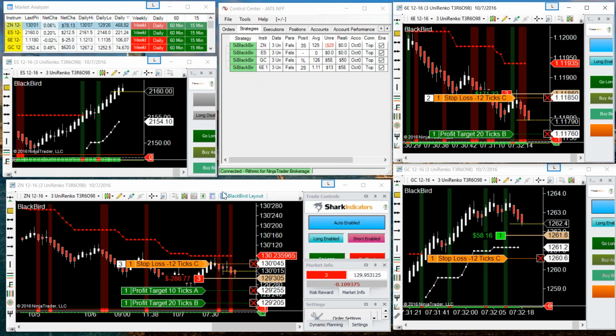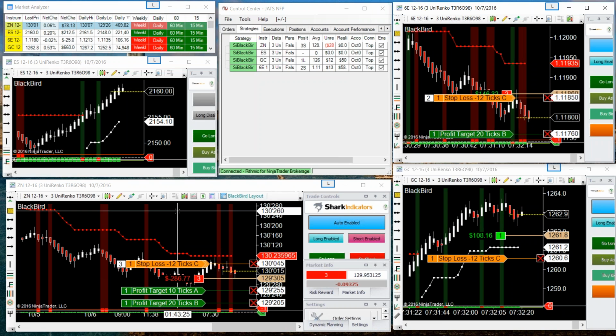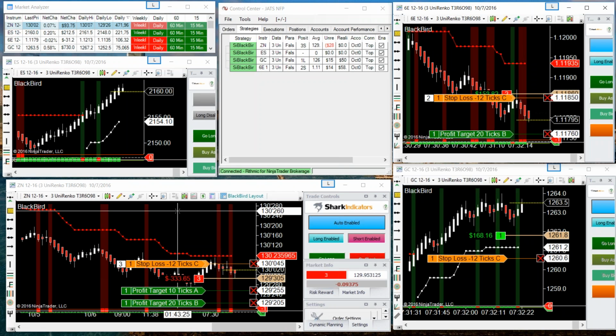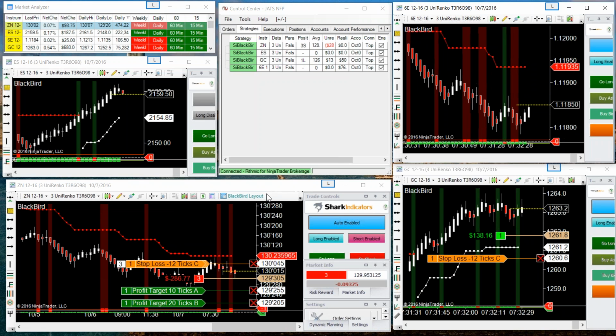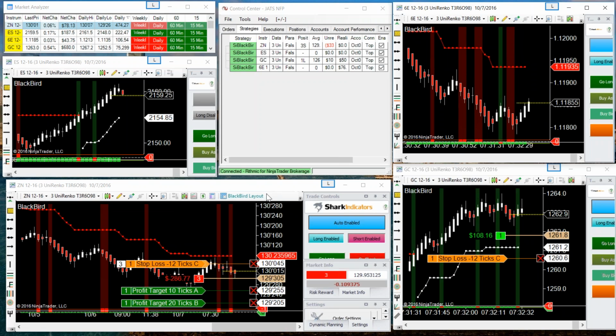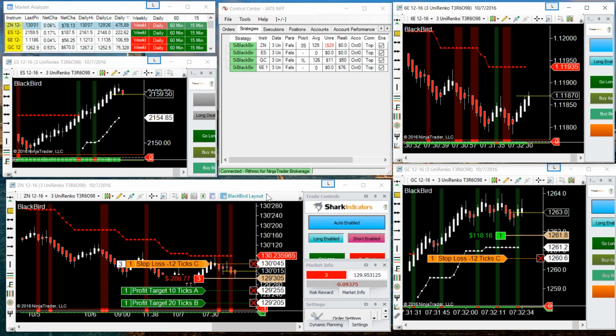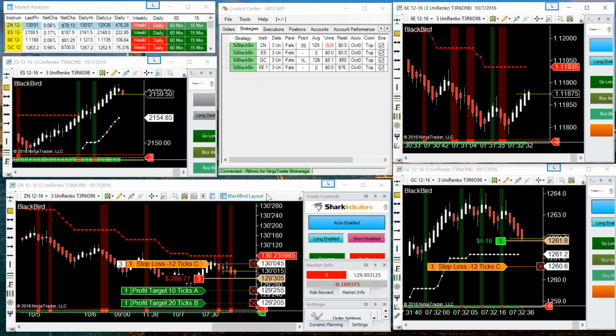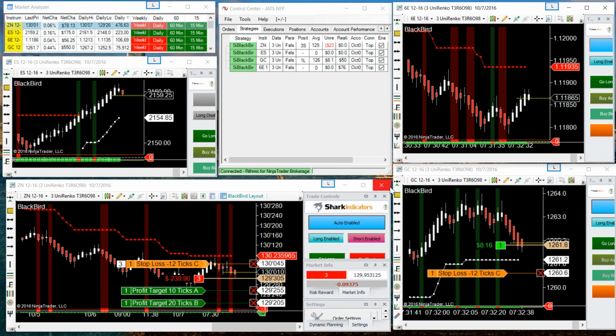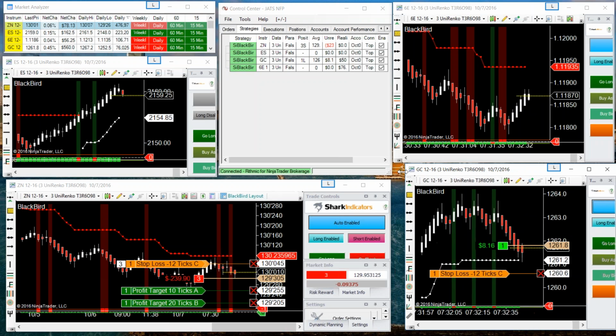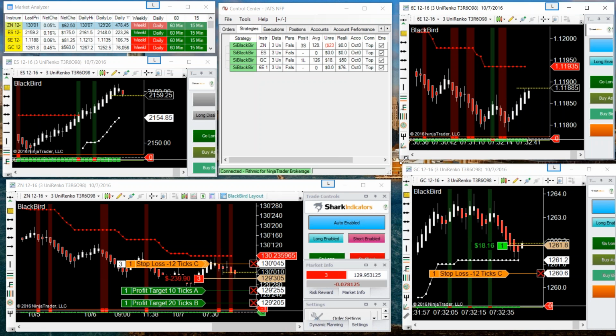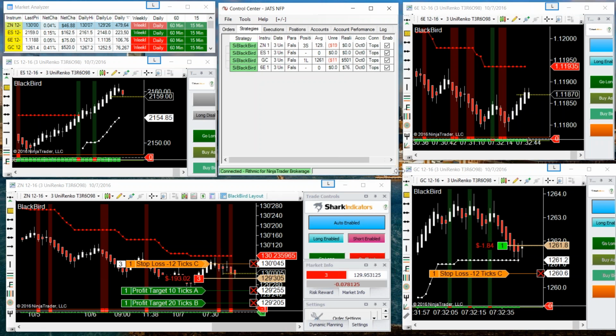So that's what I like about it. If you don't mess with it and just let it run, you probably do better. But so far it's pretty stable. Not crashing, which is good.